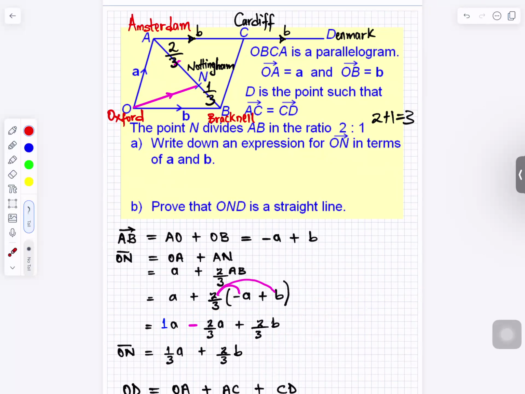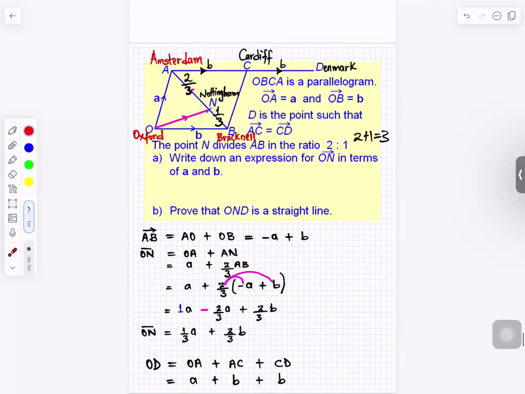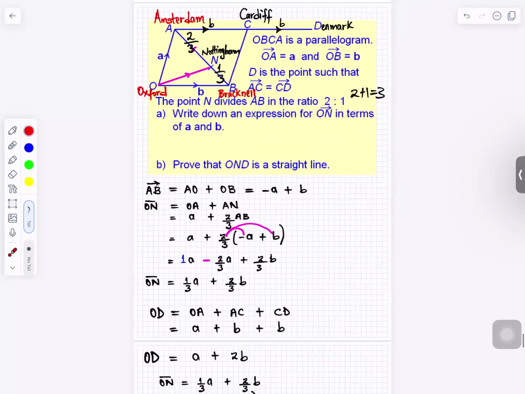For part B, prove that OND is a straight line. If it is a straight line, we would work out the vector OD and compare it with ON. So how do we go from Oxford to Denmark? If you look at the diagram, Oxford is down there. You go Oxford to Amsterdam, Amsterdam to Cardiff, and then Cardiff to Denmark.